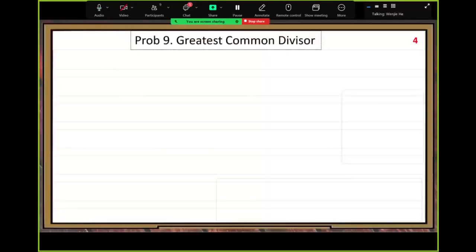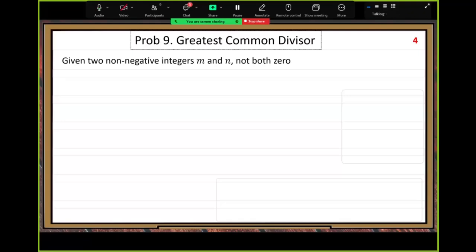So let's look at another well-known problem, number 9, the greatest common divisor problem. I think everybody here is familiar with this problem, but let's use recursive thinking to understand it. Given two non-negative integers, m and n, not both 0.